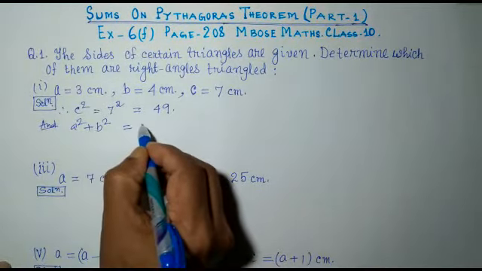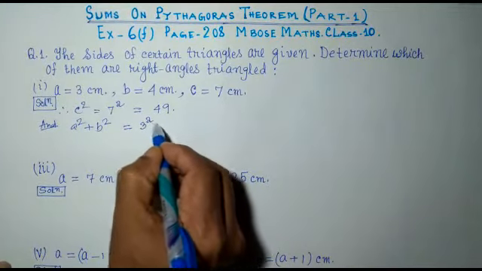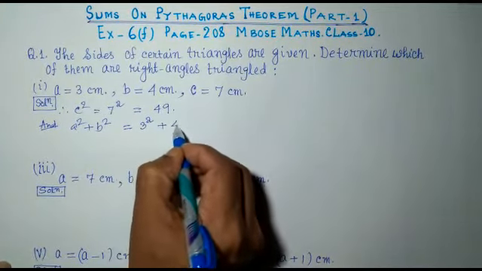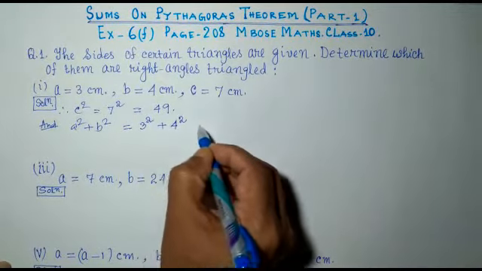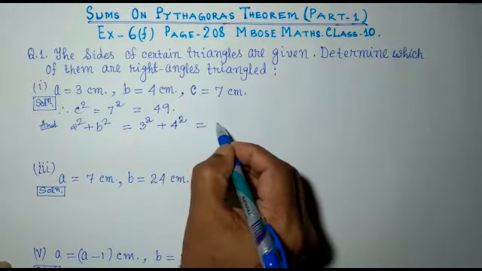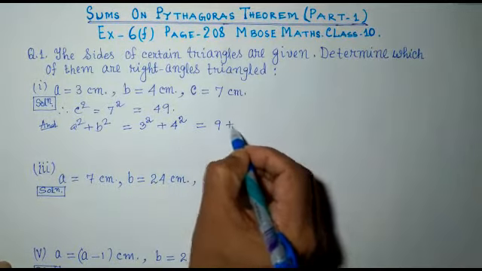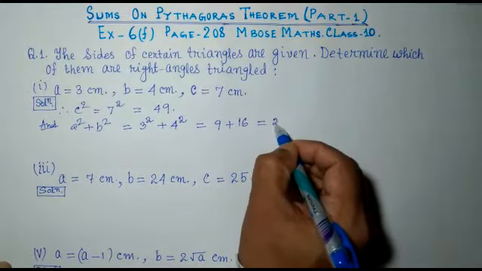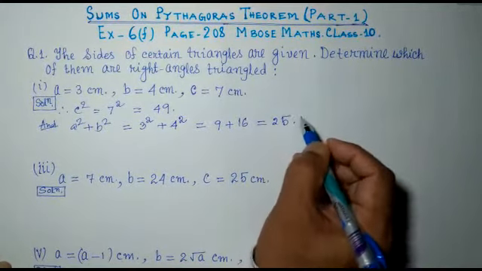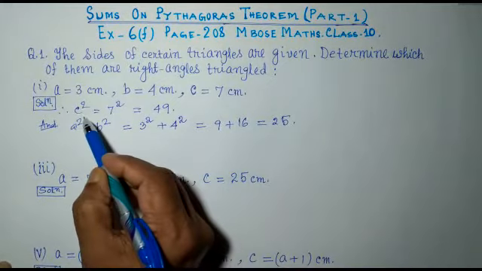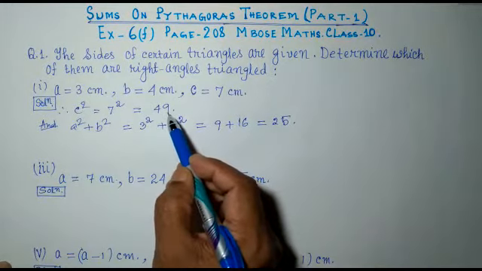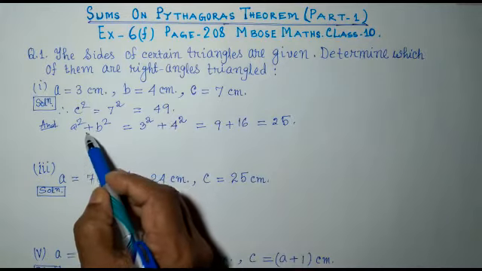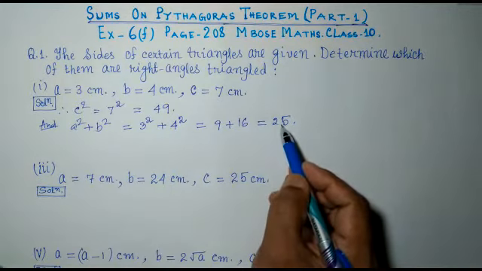Write the value of A, it is 3, A square is 3 square, value of B is 4, B square is 4 square. So 3 square, multiplying, we get 9, 4 square, multiplying, we get 16. By adding, what do we get? 25. So what do we see? Value of C square is 49 and value of A square plus B square is 25.